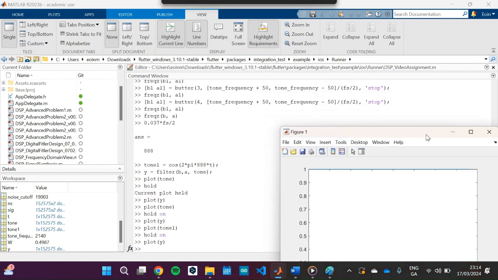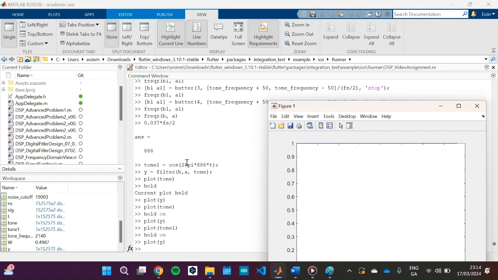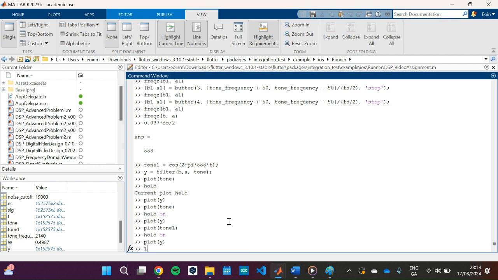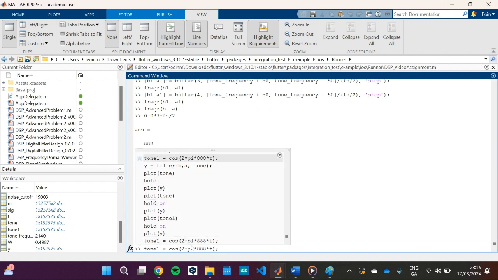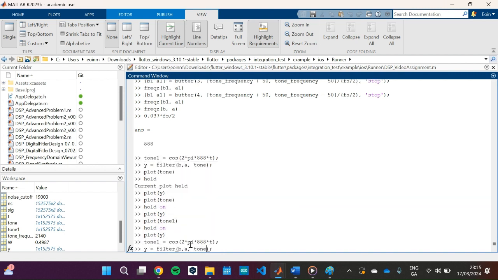How did that happen? Tone 1 is cosine 2 pi 888t. Y is filter B and A of tone 1.